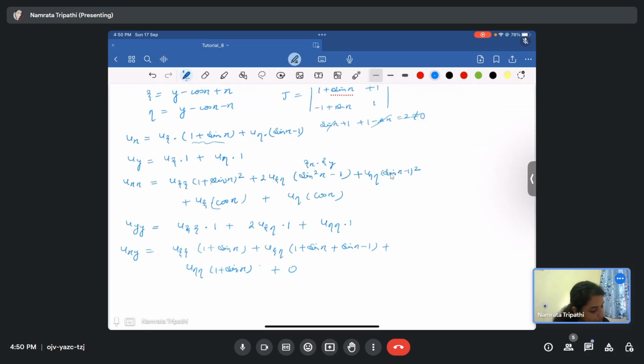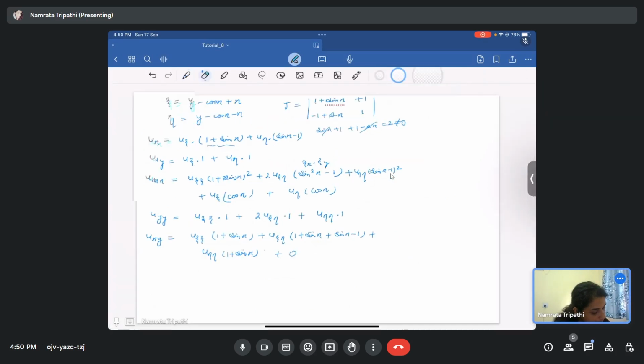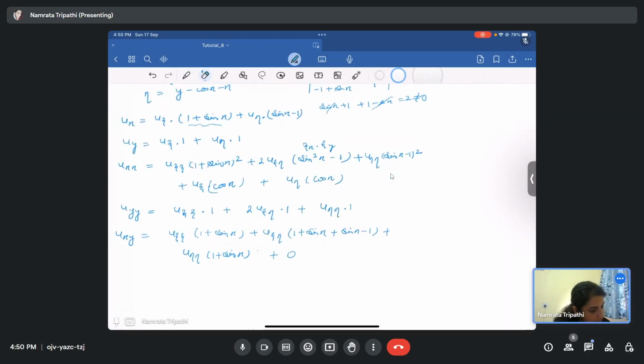Now you have to substitute into the expression. The expression is 2uxx plus 2x plus 3 uxy plus 6x uyy equals 0.